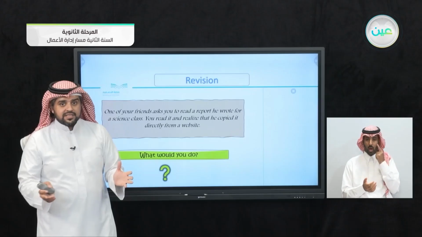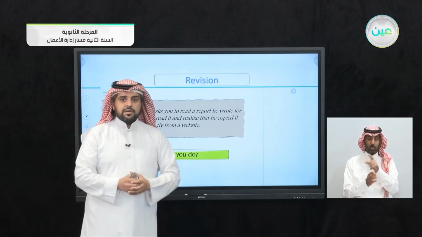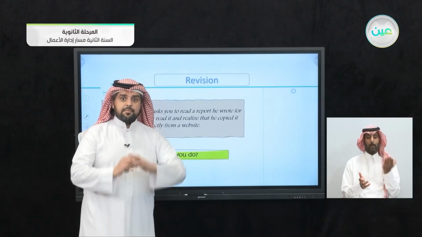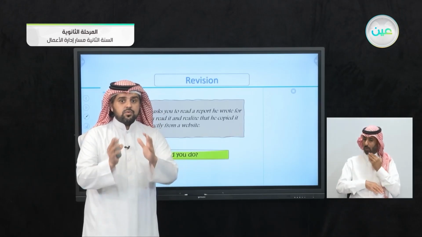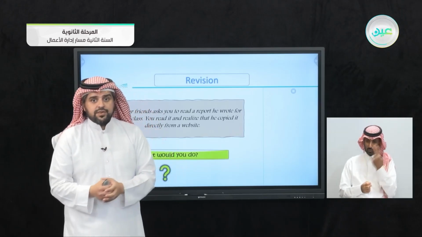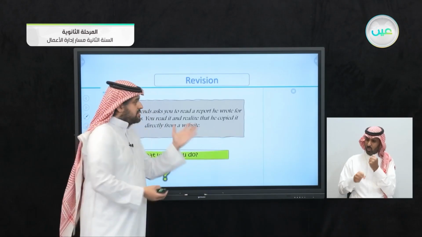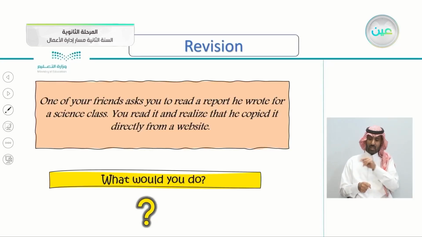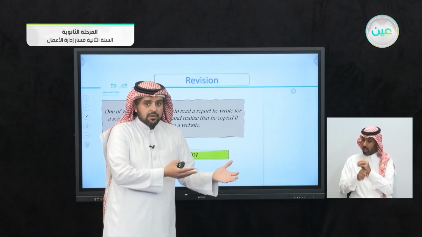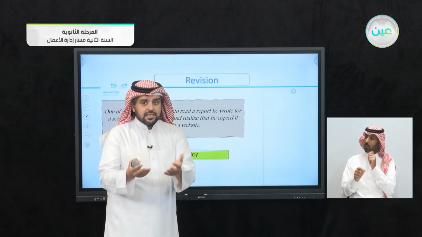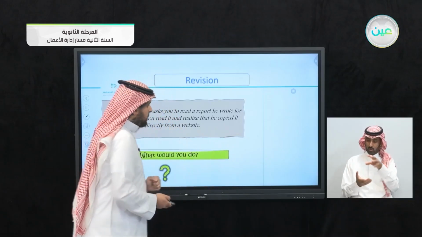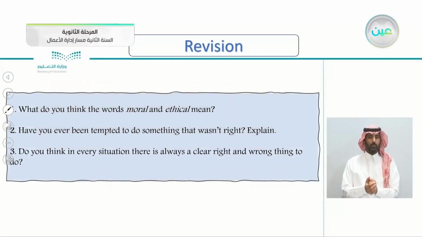This whole unit will be talking about hypothetical situations. What would you do if you see your friend doing something wrong, just like this one? Would you tell the teacher about him, or maybe give him advice later not to do it, and so on?